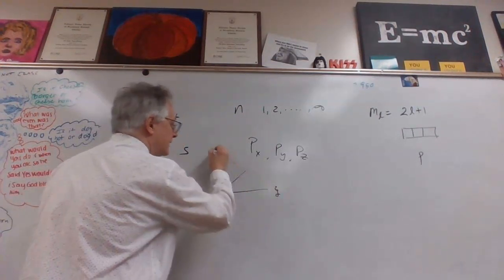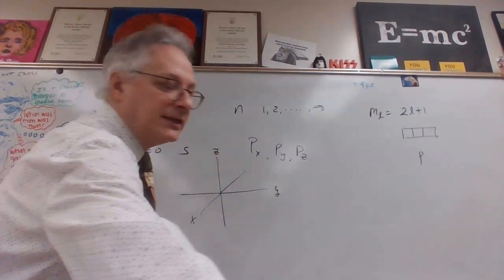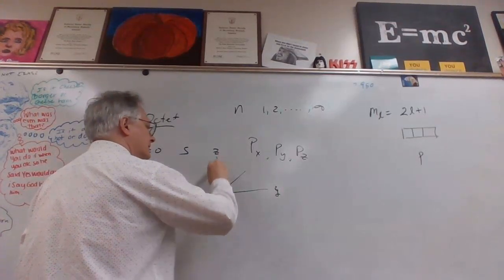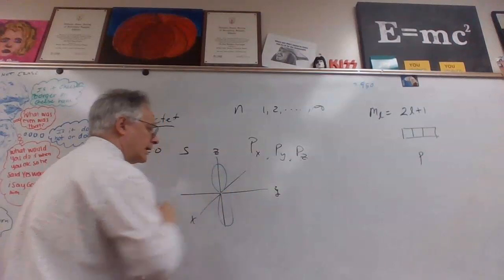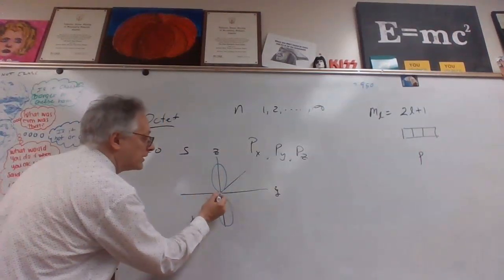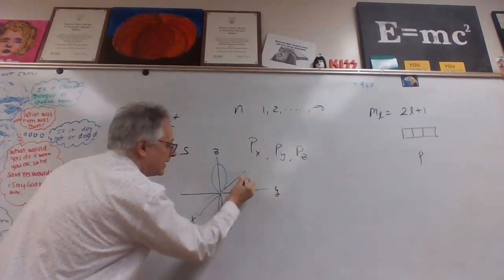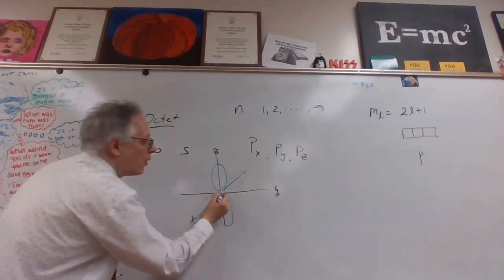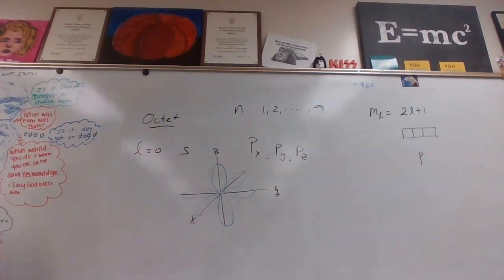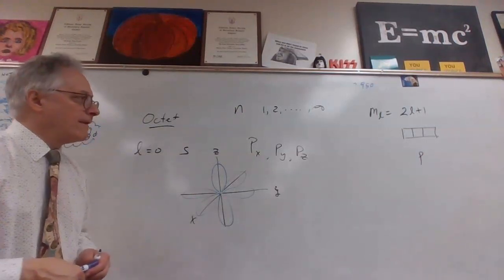So the pz orbital would be shaped something like this, kind of like a dumbbell right along the z-axis. The px orbital comes out of the plane at us and looks like that, and the py orbital is along the y-axis and looks kind of like that. And again, you could look at the art on the wall back there with the orbitals.